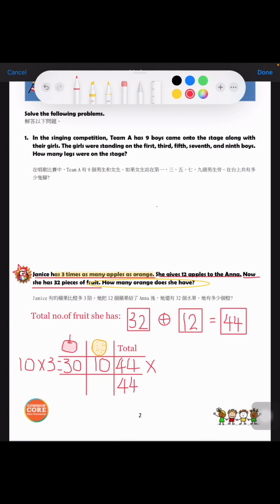Let's try another combination. If there are 11 oranges, then the number of apples would be 11 times 3, which equals 33. Now 33 plus 11 equals 44. Therefore, we know that's the right combination. So the number of oranges she has is 11.